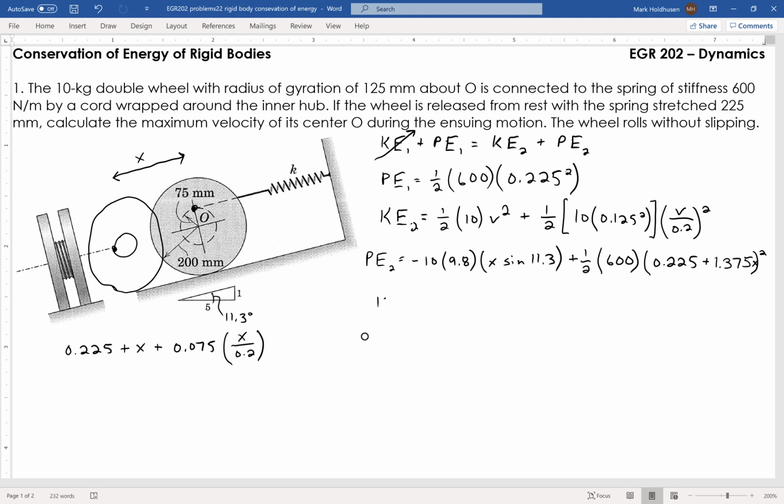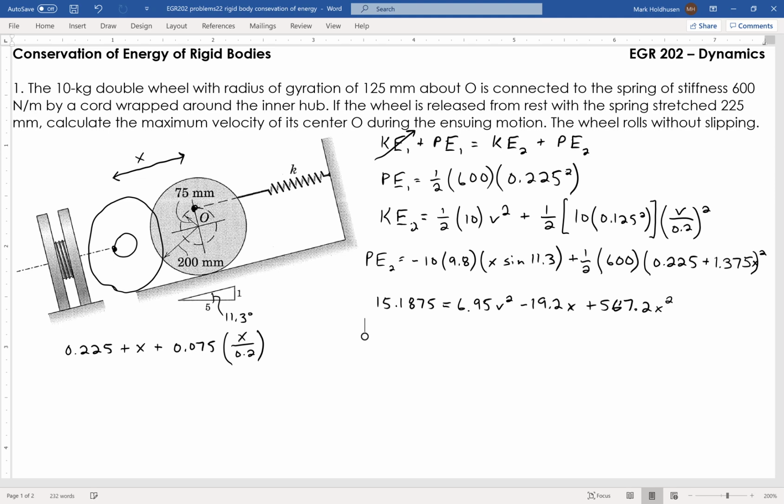What I get there is 15.1875 equals 6.95 v squared minus 19.2x plus 567.2 x squared.